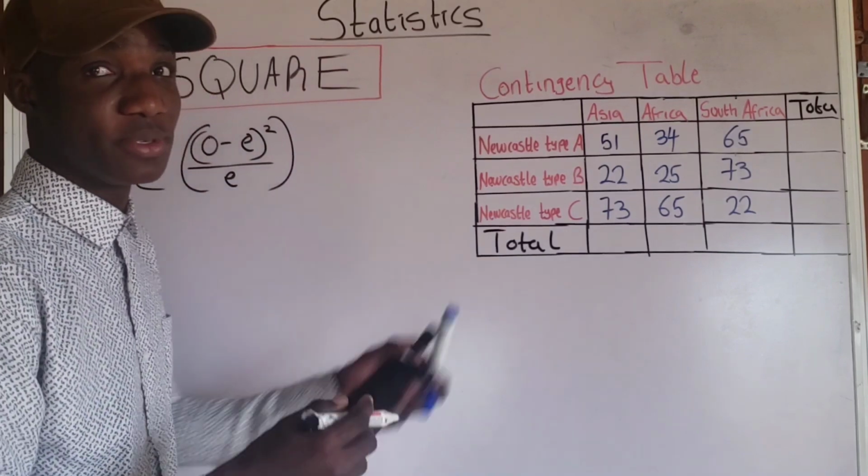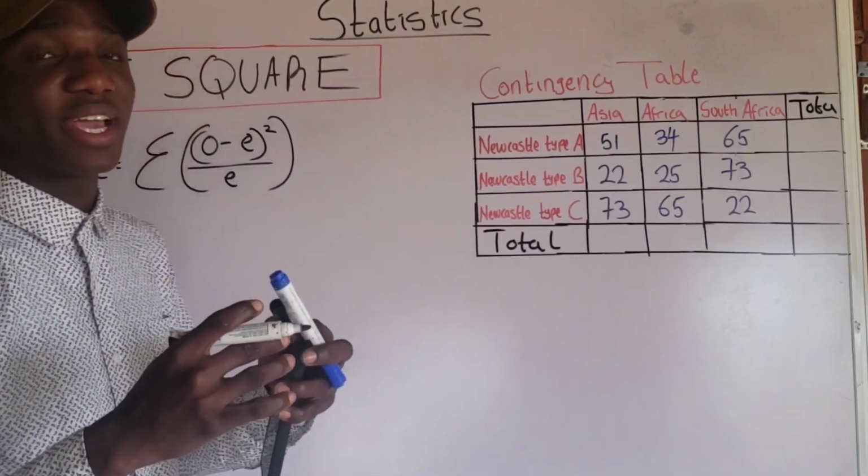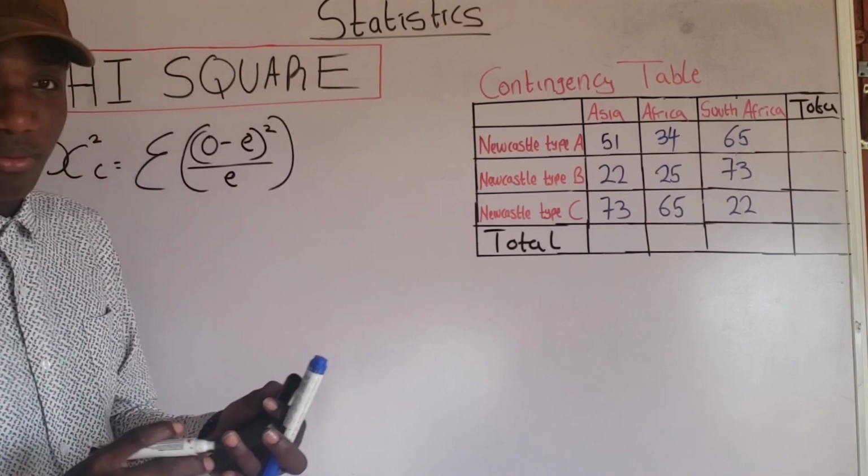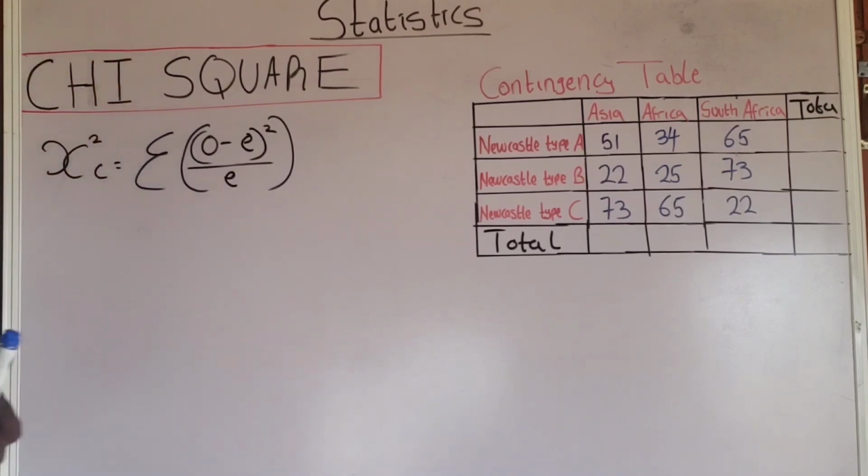In some cases you might be given these, but if you are not given them in the exam, you have to do it by yourself. Please pay attention. There is no way you can calculate the expected value without computing the row total and the column total. Now let us proceed.